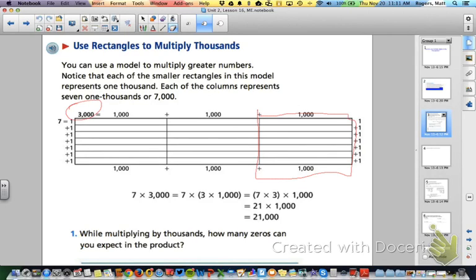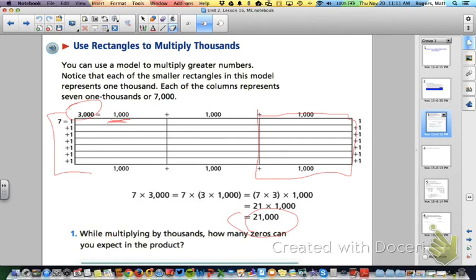When I have 3,000, I break it into 3 groups of 1,000, and then along the side I have it by 7. So each of these blocks is 1,000. If I were to count up 3,000 by 7, or 21 of these boxes, I would get a total of 21,000.